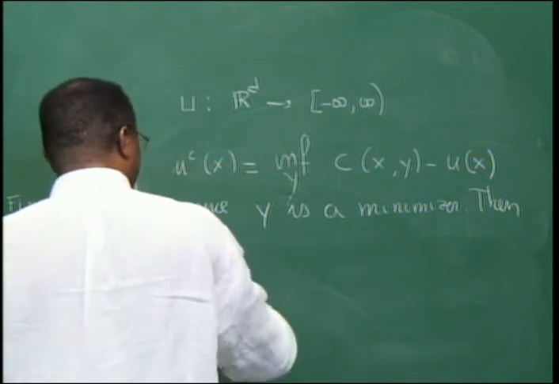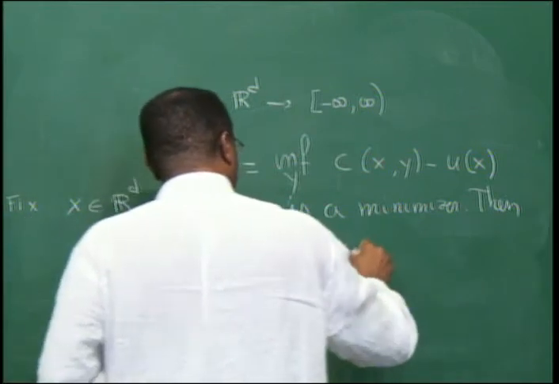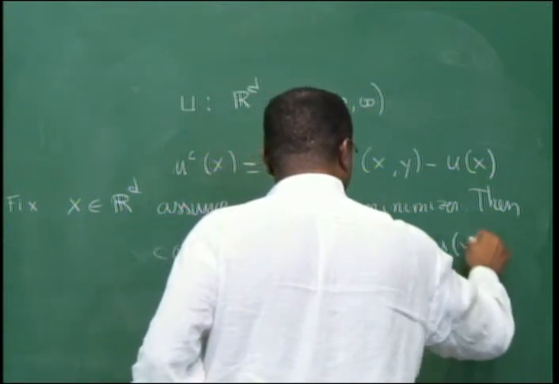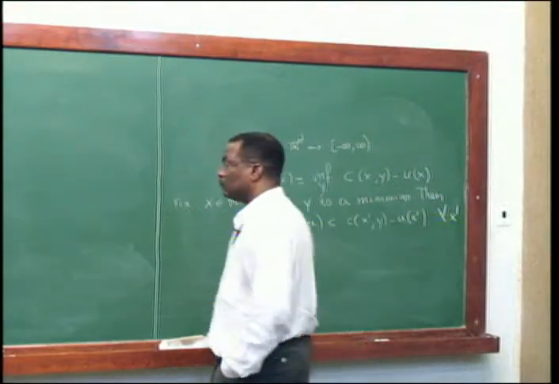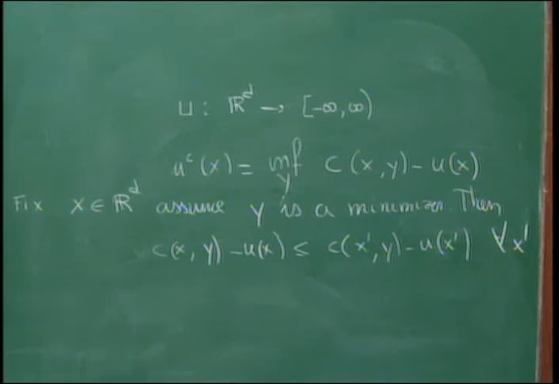Then this will mean that c(x,y) minus u(x) is smaller than c(x',y) minus u(x') for every x'. So if given x, I can find a minimizer y, then this property will be satisfied for every x'.